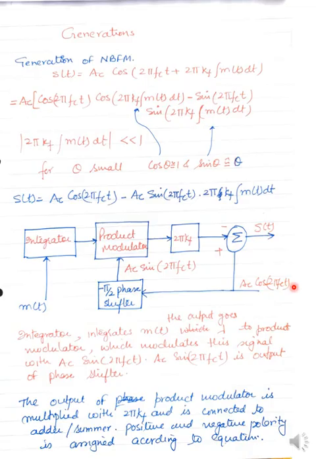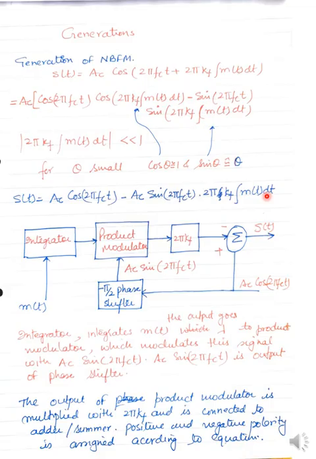So we are adding Ac cos 2π fc t minus what we are multiplying in the product modulator. The output from here will be the integration of m(t) dt, and from this side I am getting Ac sin 2π fc t.